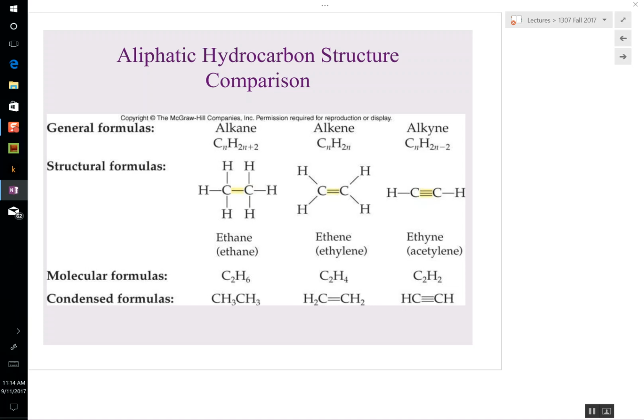I don't have 2 of the hydrogens on there, but that's ethane. Ethene is flat. All 6 of these nuclei, 2 carbons and 4 hydrogens, sit in the same plane. So we say that the atoms are planar around the double bond.